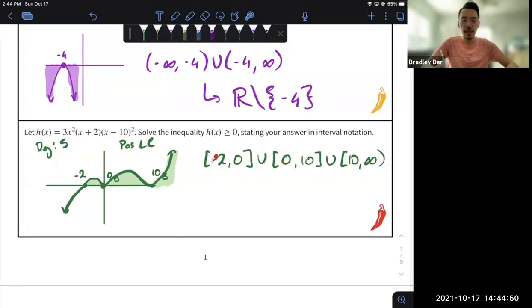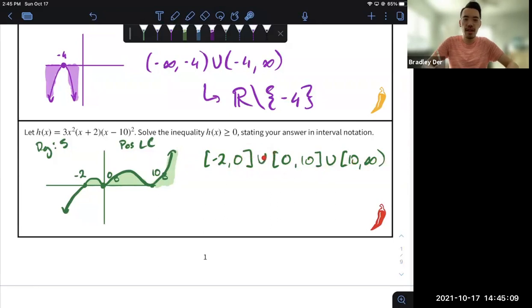If I was to vocalize what this interval is trying to communicate, it is telling you start at -2 and go up to 0, include it, but stop, but then also start at 0 and include that and go up to 10, but stop, but then also start at 10 and keep going.